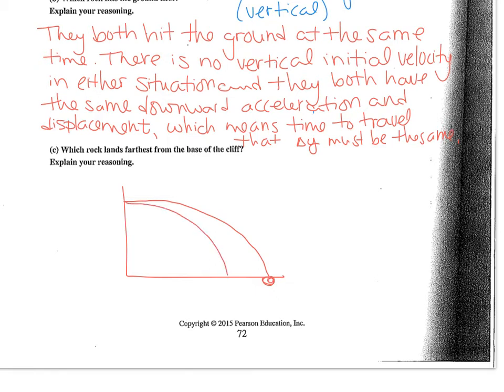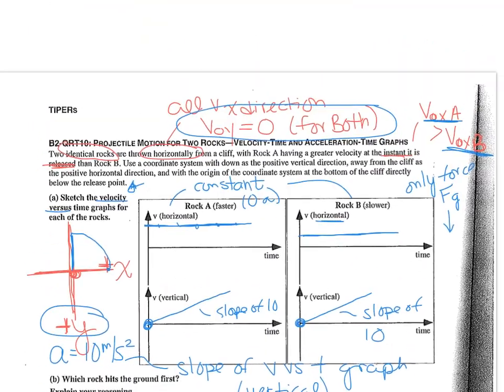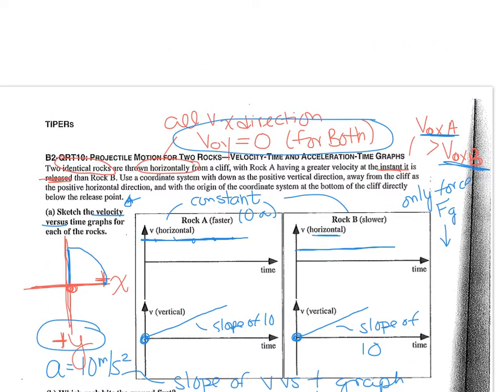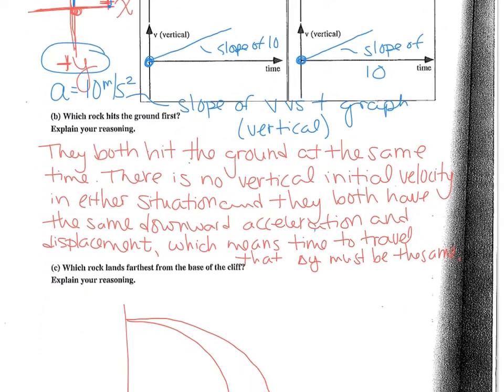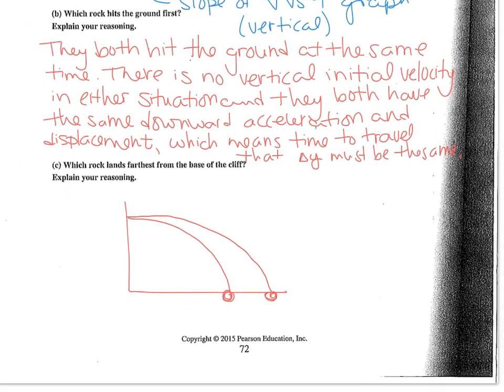I have another landing here, and I want to figure out which one is farther, A or B. And so we already know that A has a bigger horizontal velocity than B. And we also know that they both spend the same amount of time in the air.